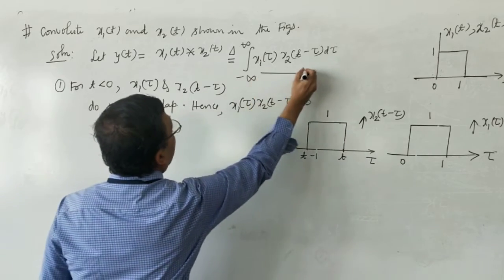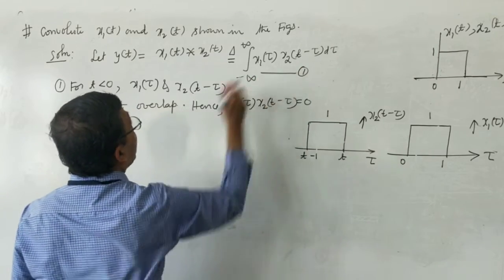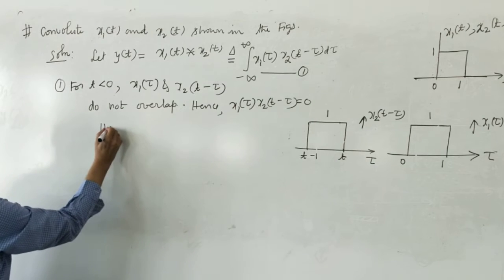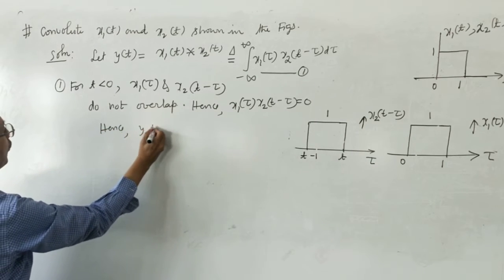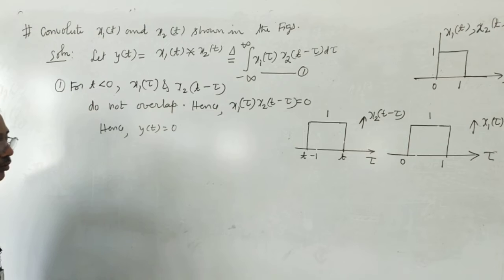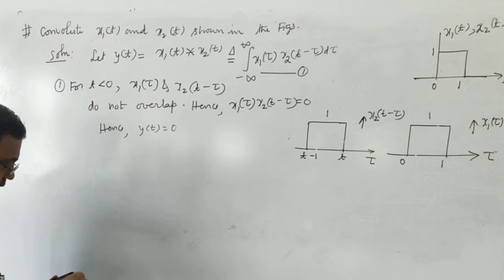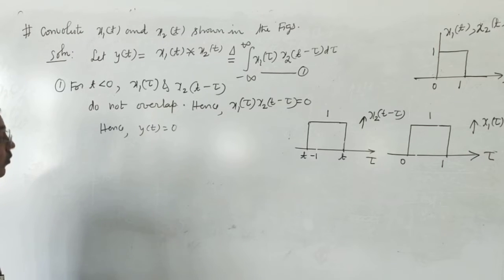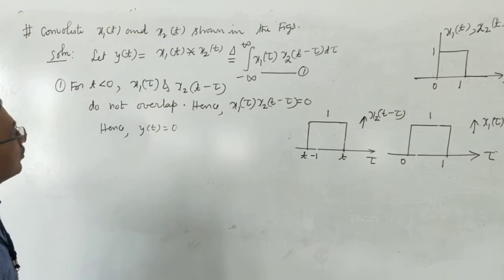If you make use of this in equation 1, we get y of t equal to 0.